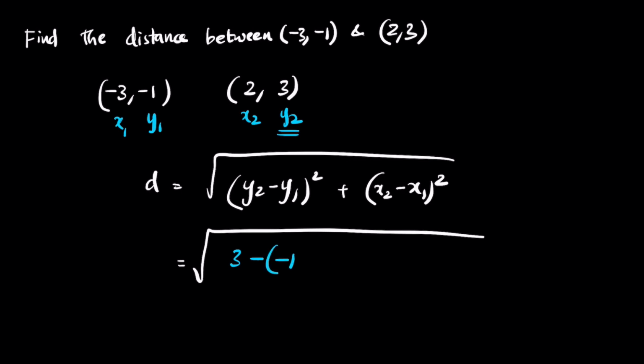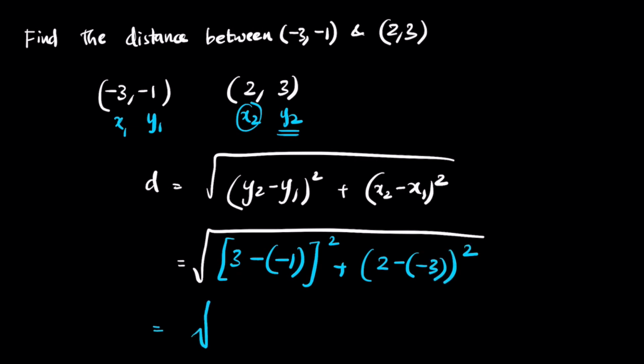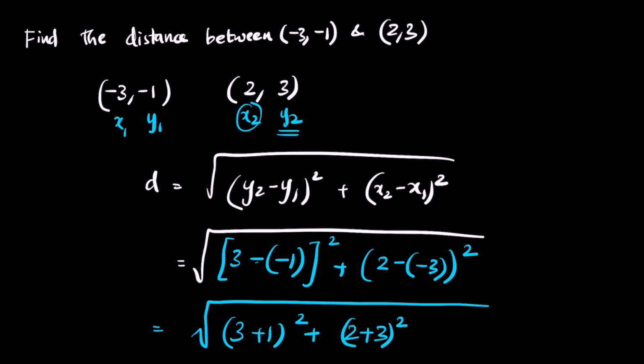So 3 minus of minus 1 square plus x2 is 2 minus of x1 is minus 3. So 2 minus of minus 3 square. So that becomes square root of 3, minus into minus is plus. So 3 plus 1 square plus 2 minus of minus 3 is 2 plus 3 square.